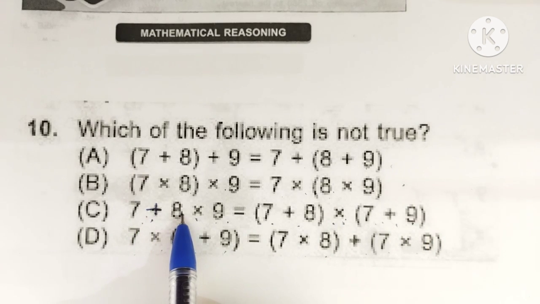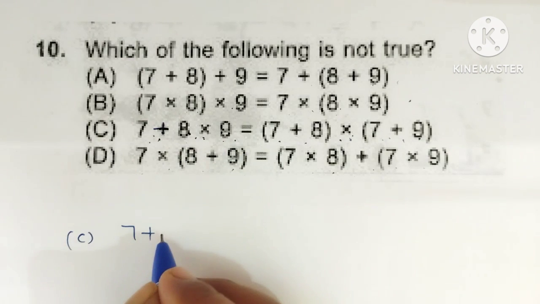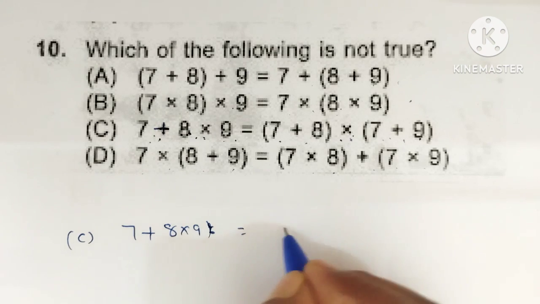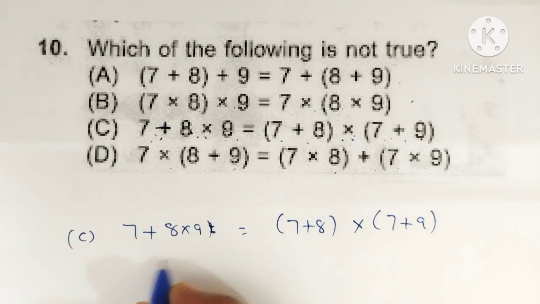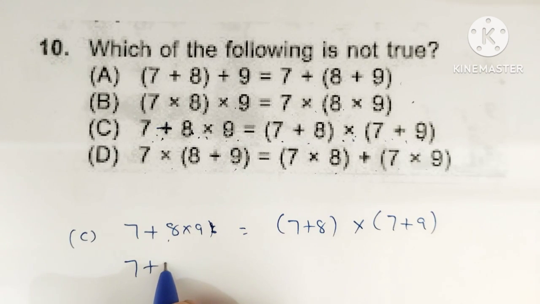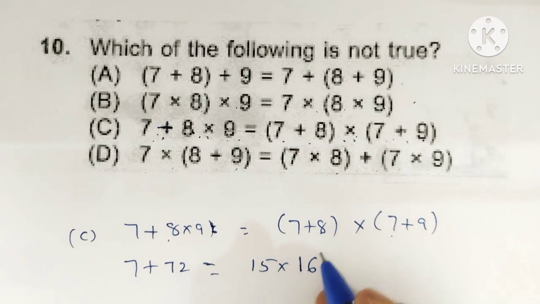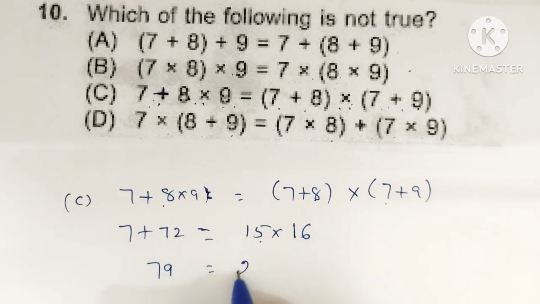7 plus 8 cross 9: 8 nines are 72, so 7 plus 72 is 79. And 7 plus 8 cross 7 plus 9: 7 plus 8 is 15 and 7 plus 9 is 16, and 15 sixteens are 240.